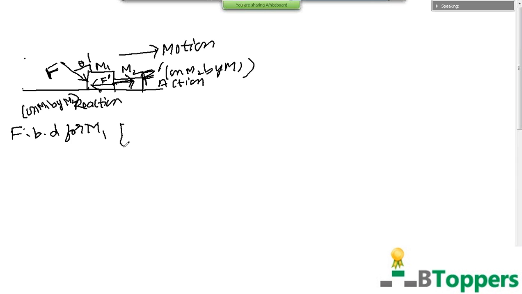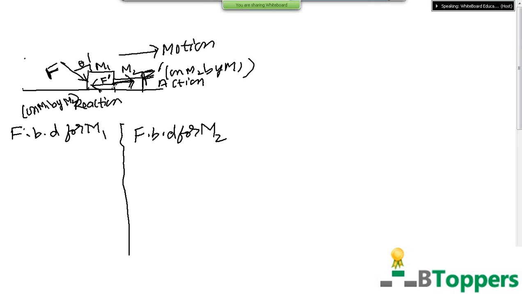The forces which act on M2 must be indicated in the free body diagram for M2. FBD is the short form for free body diagram.